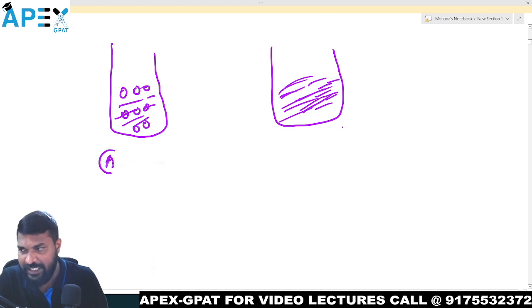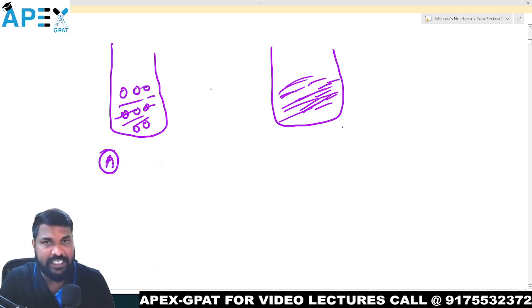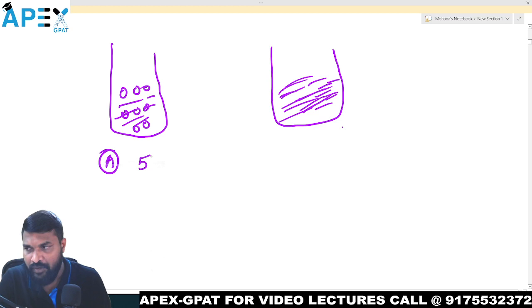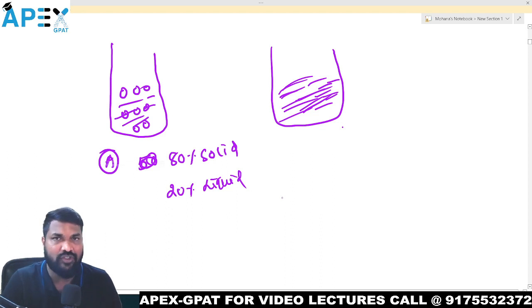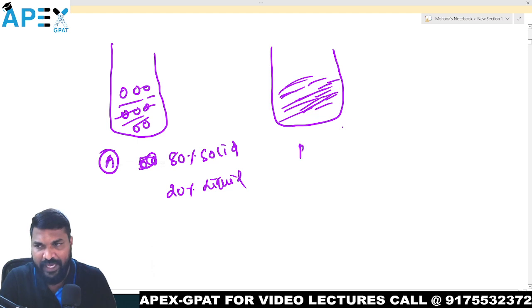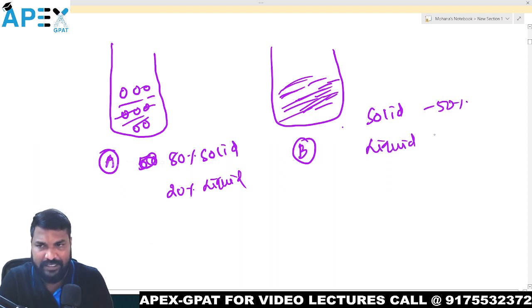In condition A, I have 80% solid, and 20% liquid is dispersed on the 80% solid. In condition B, I have taken 50% solid and 50% liquid.